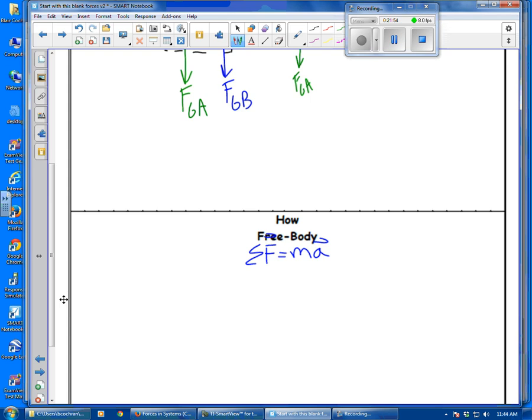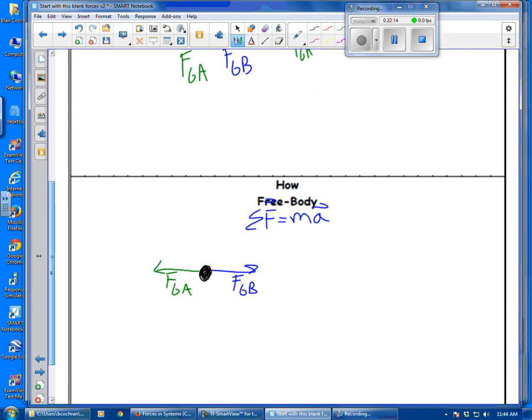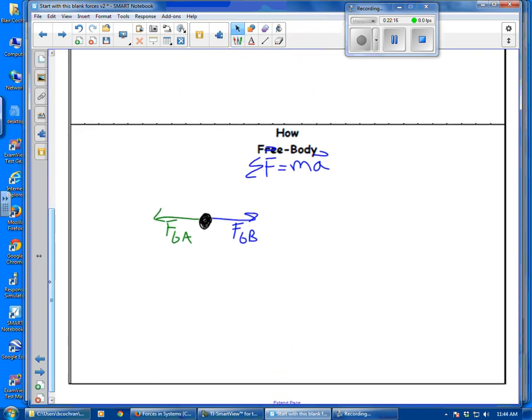And then we'll draw the input from the system. Now here's the point that some people might be a little confused about. Remember that FGA goes in the opposite direction as FGB. So I'm going to draw those in opposite directions. And then my acceleration goes that way.